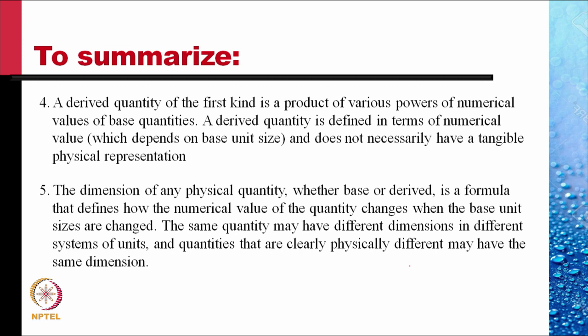The same quantity may have different dimensions in different systems of units. And quantities that are clearly physically different may have the same dimensions, like torque and work done. They are two entirely different physical quantities, but have the same dimensions in the M, L, T system of units, like our SI system of units.